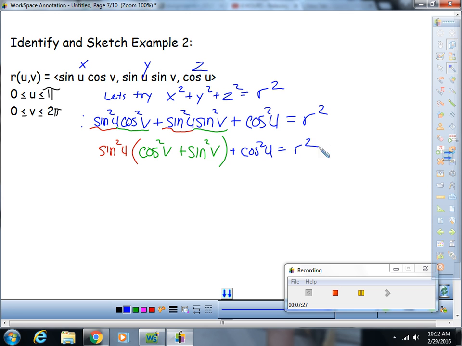Well, this is just 1. Hopefully everyone knows that trig identity. So that leaves us with sine squared u plus cosine squared u equals r squared. Aha! 1 again. So you get r is 1.